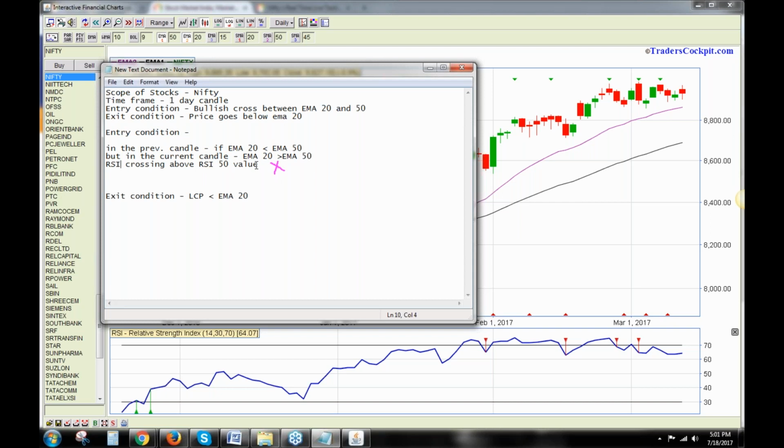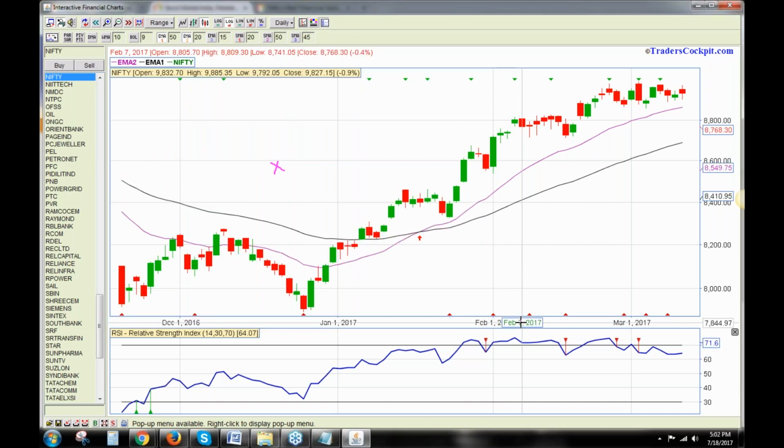So we can discard this and rather put a simple filter on RSI, which will be something like RSI already above the 50 value. You see there is a difference between the two, right? RSI crossing the 50 value will be a rare case, but if you take RSI already above 50, that means the crossover might have happened at some point of time earlier, but now also it is moving above the 50 mark. And the same case happened here, right? Like in this particular candle where the crossover happened.